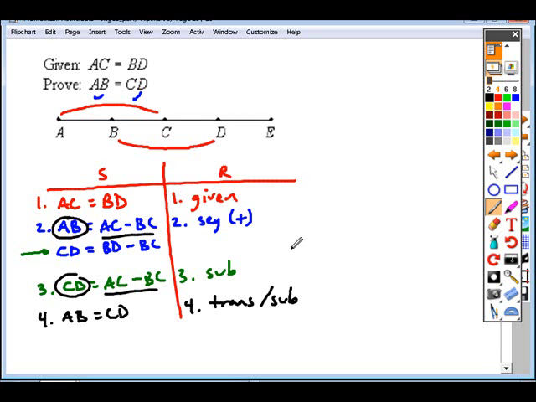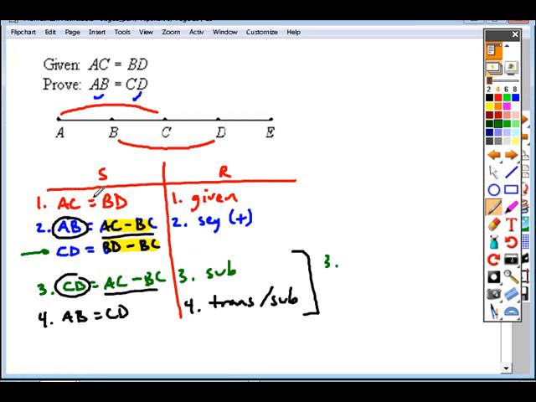Okay, there's an alternative method for identifying step 3 and 4 here. Okay, so if you don't see this relationship where you're turning one statement into the other, then what you need to be able to see is the relationship that if you can make these two statements equivalent to each other, then you can replace AB and CD with those. So that would be the alternative method.